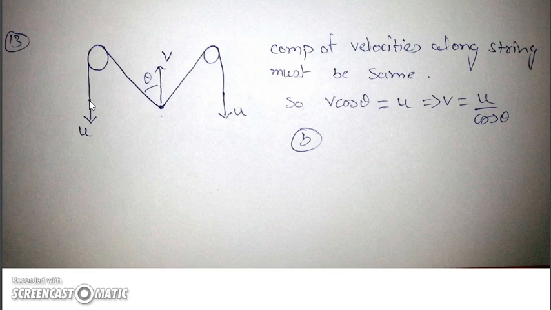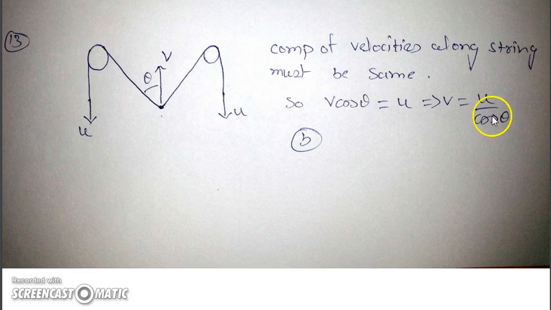Let's say this is point number 1 and this is point number 2. It has velocity v and it has velocity u. If we take the component of this v along the string, that will be v cos theta, and u is completely along the string itself. So we will have v cos theta equal to u. So v will be equal to u by cos theta. The same relation we can get from here.